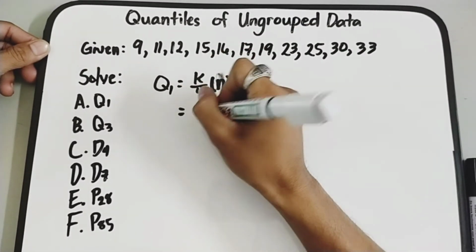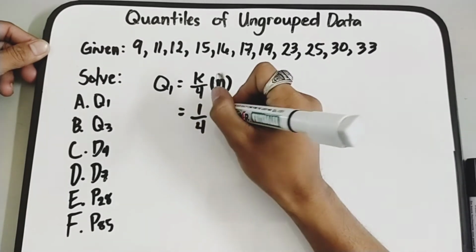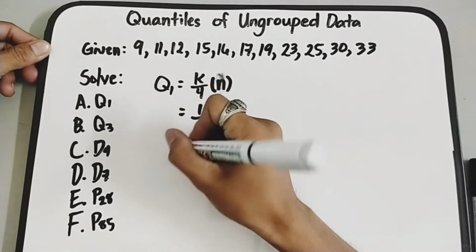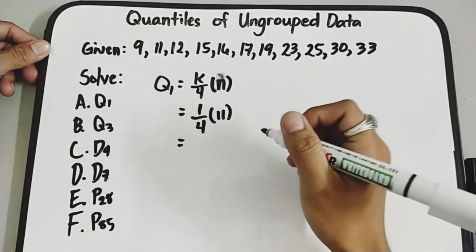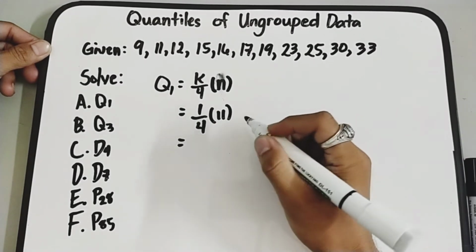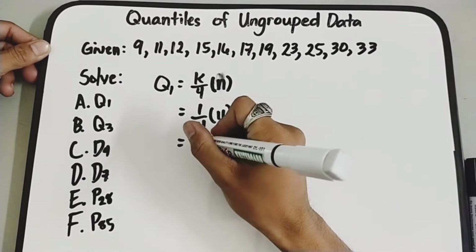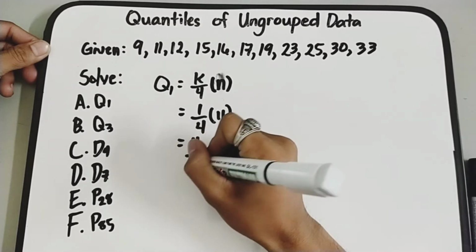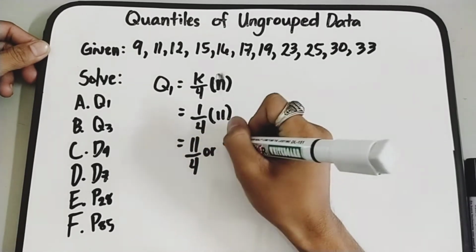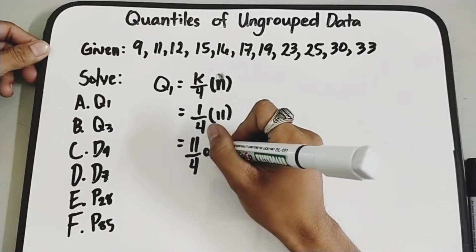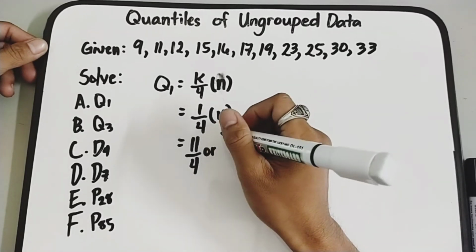So for quartile 1, we have 1 over 4 times 11. Therefore, we have 11 over 4, or 11 divided by 4.